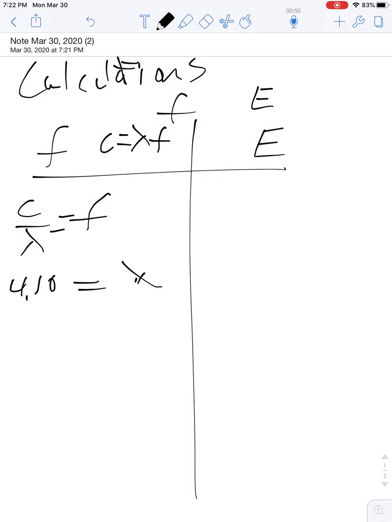Now this is why it's always important to write units, because the units on that was nanometers. So you need to convert that to meters.